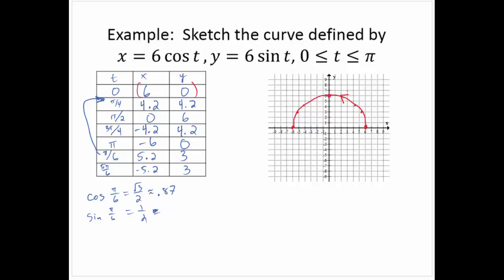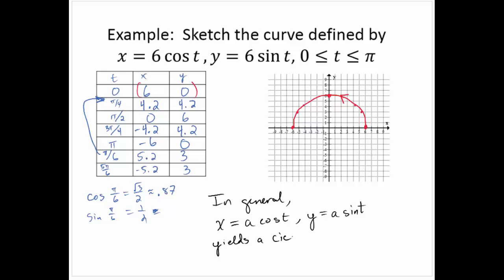And this is actually an important parametric curve. In general, the equations x equals a cosine t, y equals a sine t yield a circle with center 0, 0 and radius a.